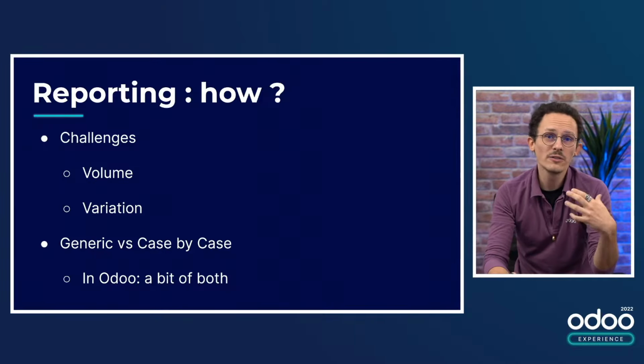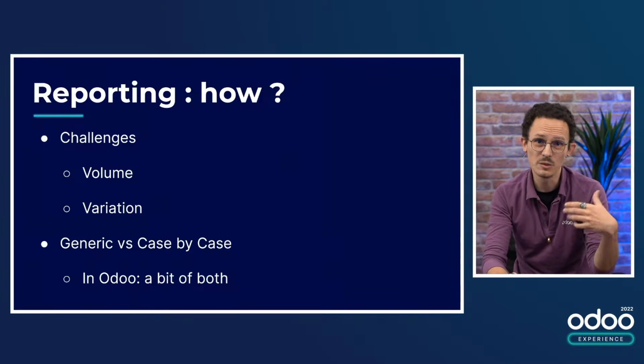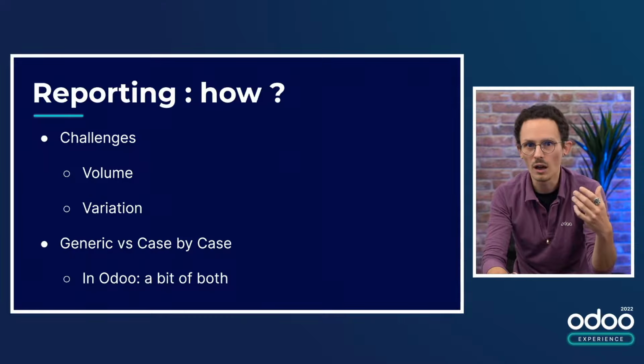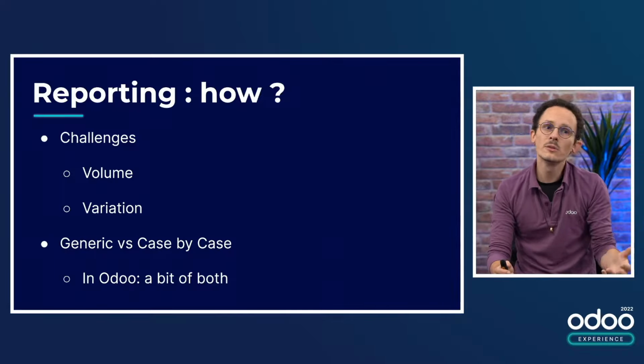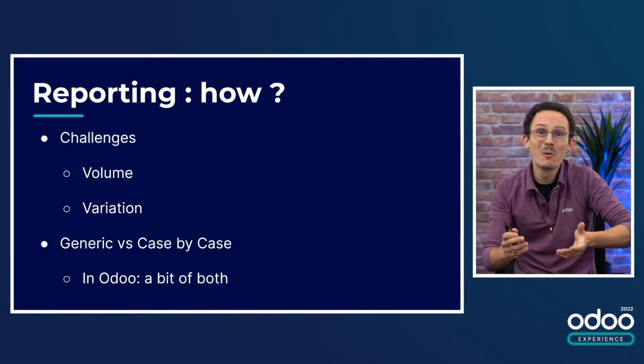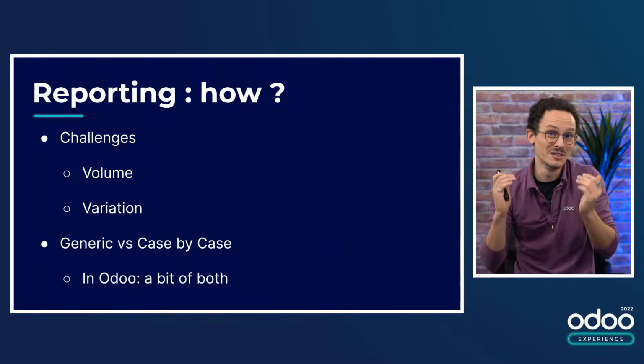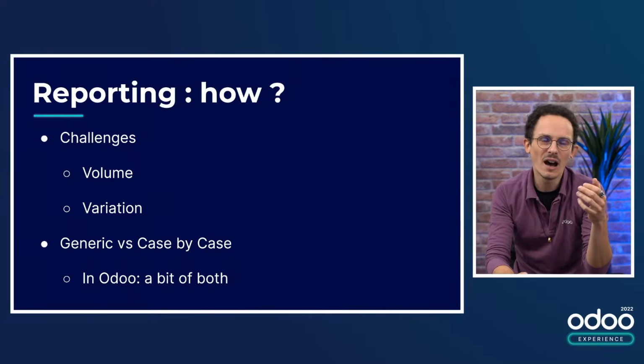And so you have to handle that in your reporting engine, because it will have to support the charge. Second thing is the variation, because depending on your country, depending on the legal requirements, depending on small things that are only done in your country, there are things that you will have to handle in your engine and that you won't have to handle in other countries, or that will be very different.